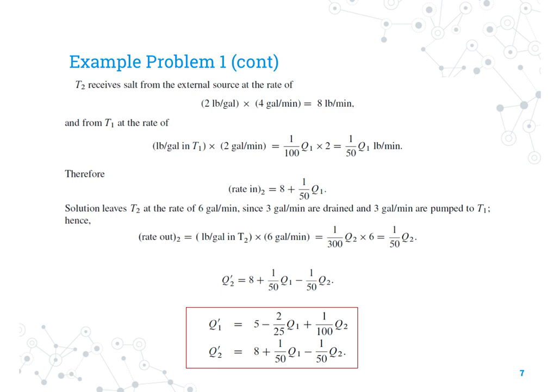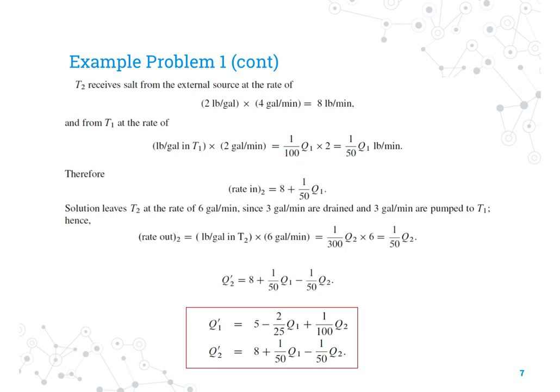Well, we know it's receiving salt from the external source, and we're going to find that rate the same way that we did in chapter 4. 2 pounds per gallon times 4 gallons per minute gives us 8 pounds per minute. We know it's also receiving from T1 at 2 gallons per minute, whatever the concentration is in tank T1, which, well, we don't really know at any time what it is, so we're going to call it Q1 over the amount of solution, which is 100.